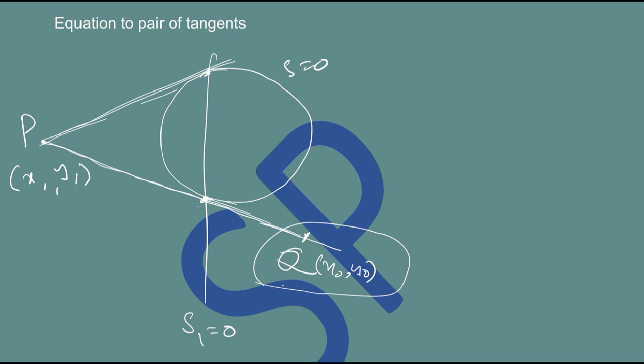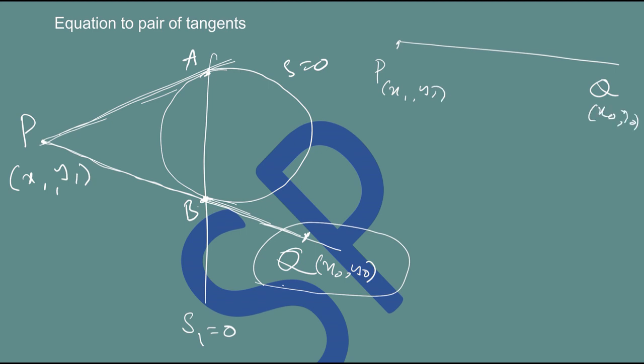Now observe that if I call this point A and this point B, you take PQ. This is (x1, y1) and this is (x0, y0).